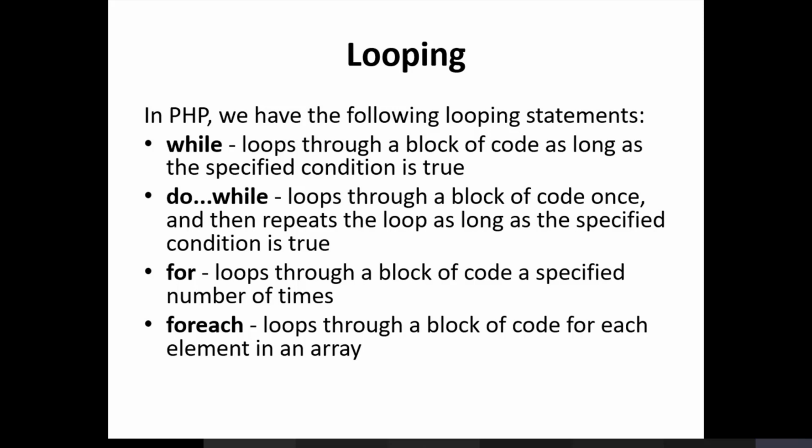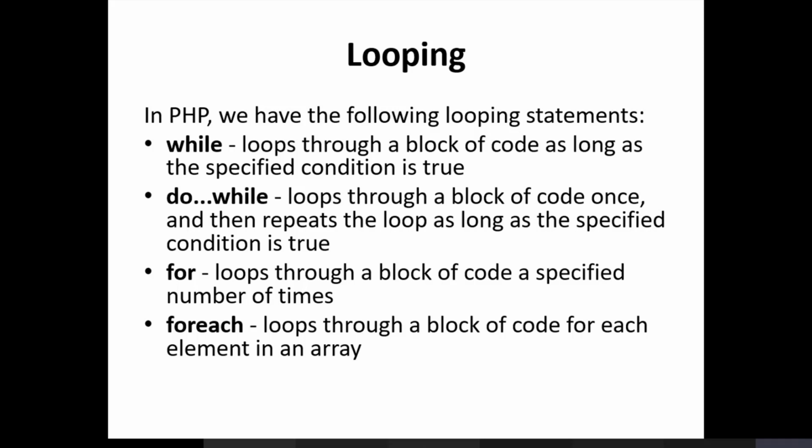And if the condition is true, it keeps on looping the block of code, and as soon as the condition becomes false, it comes out of that block of code. So there lies a difference between do while and while. While checks the condition and then loops the block of code only if the condition is true. But do while goes through a particular block of code at least once even if the condition is false.